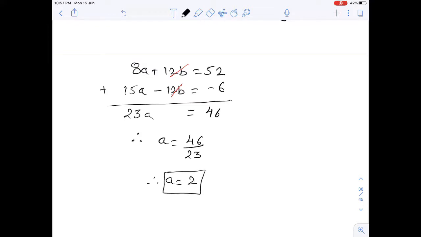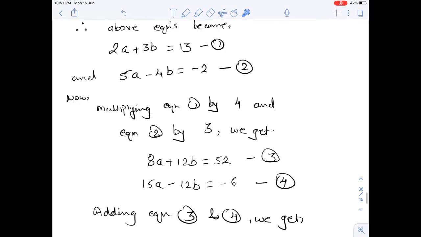Now we have to substitute the value of this a, that is equal to 2, in any of these 4 equations. Right now I am going to substitute it in equation number 1.